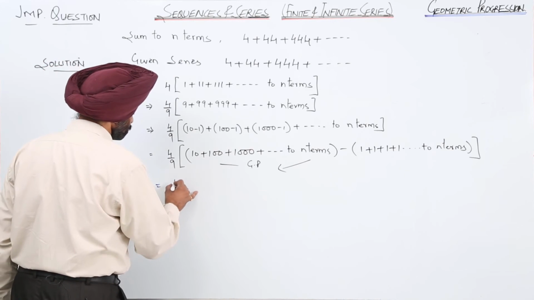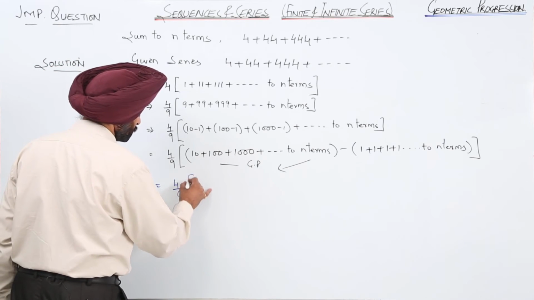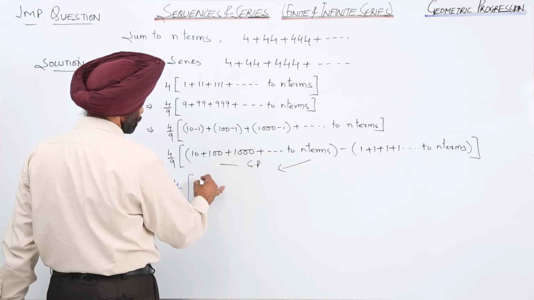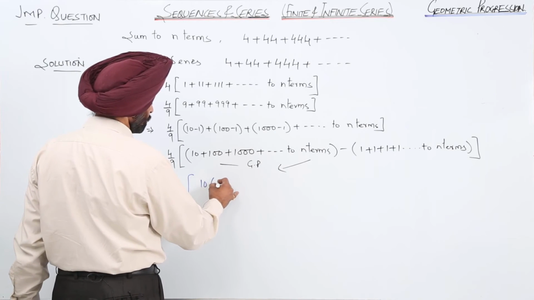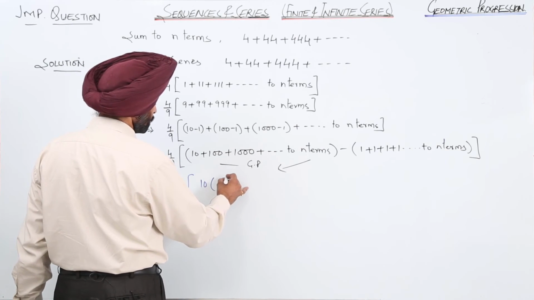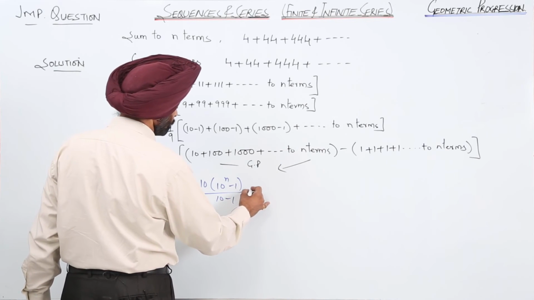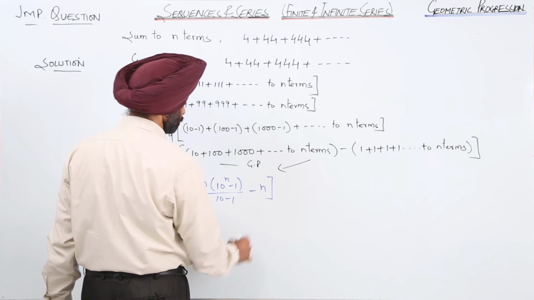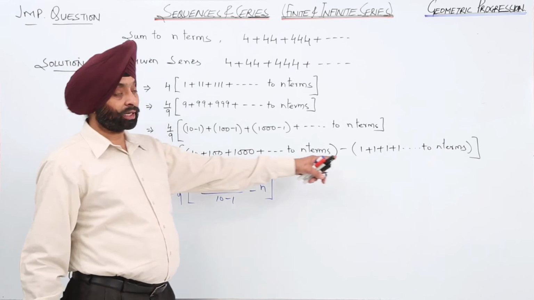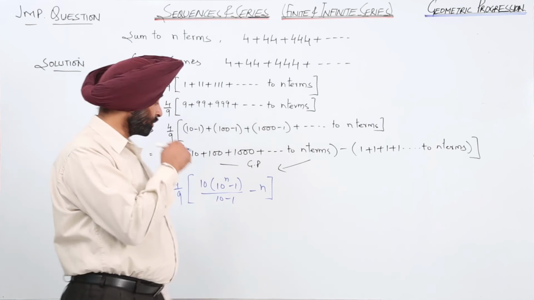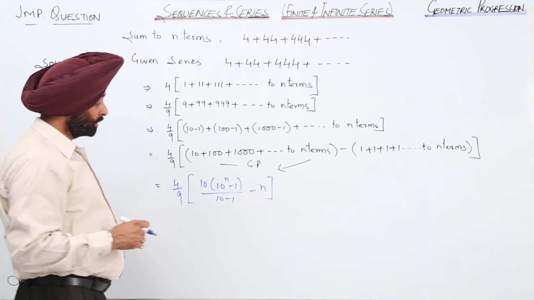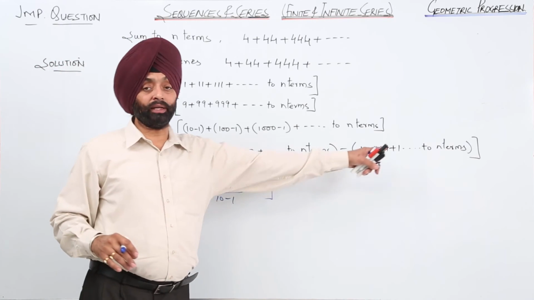Now just using the formula for the summation of the GP series, we have first term 10, common ratio 10, so 10 raised to power n minus 1 upon 10 minus 1, minus n. Total n terms are added, and all are 1, so basically we can write it as 1 times n.